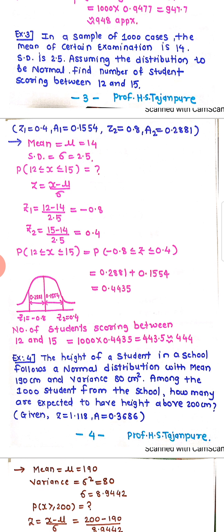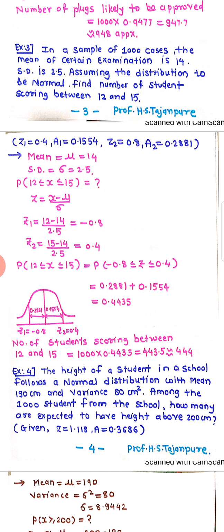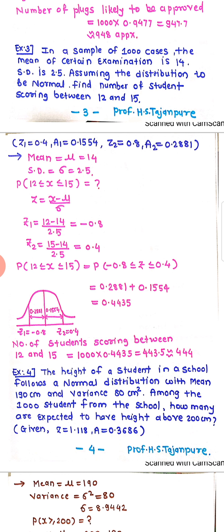Assuming the distribution to be normal, find the number of students scoring between 12 and 15. In brackets, areas are given corresponding to the points 0.4 and 0.8. These two areas are given.